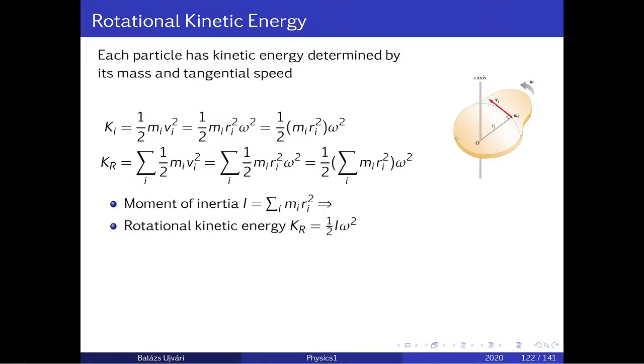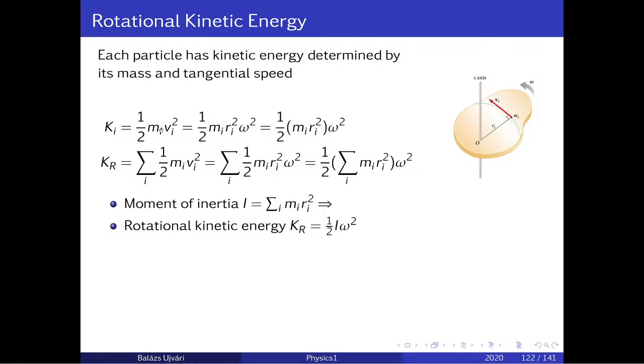What if I want to calculate the kinetic energy of a rotating system? The simple thing we can do is divide the body into small parts, infinitesimal small parts, and say its mass is mi and its speed is vi.